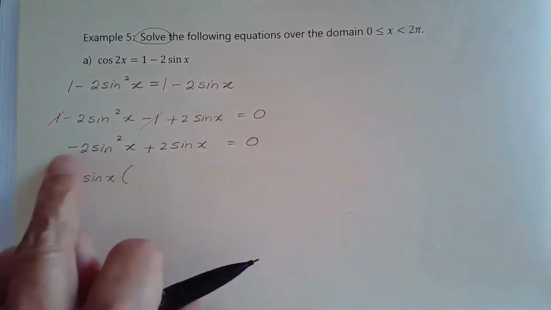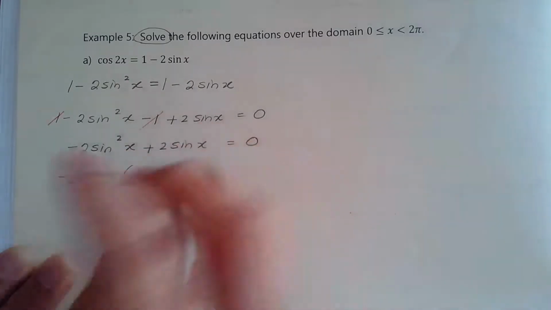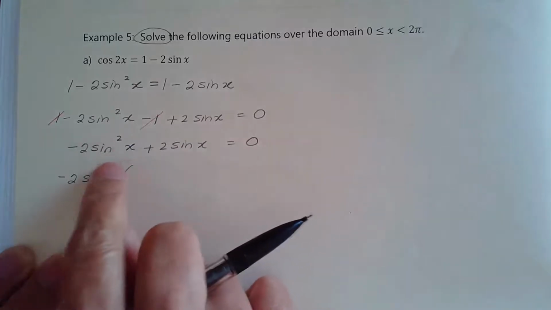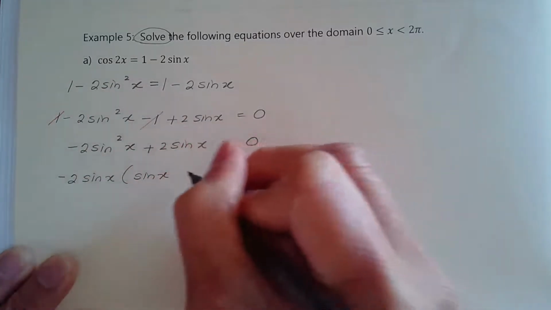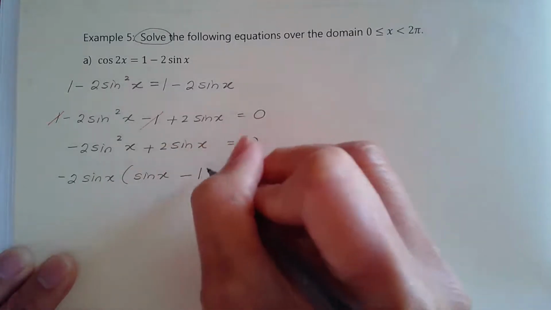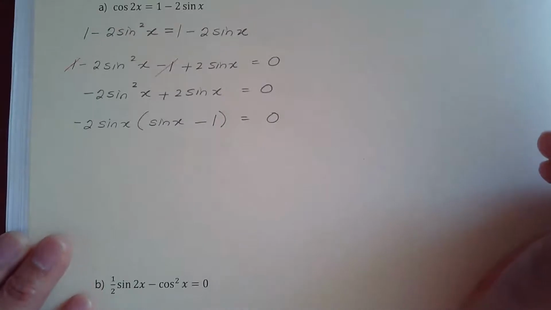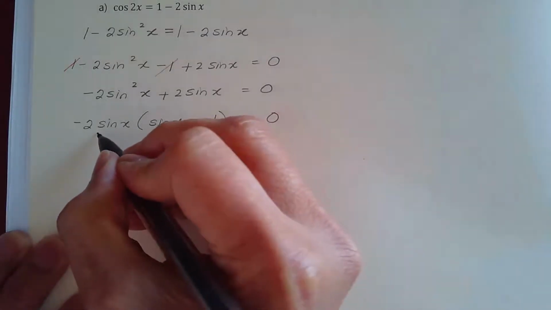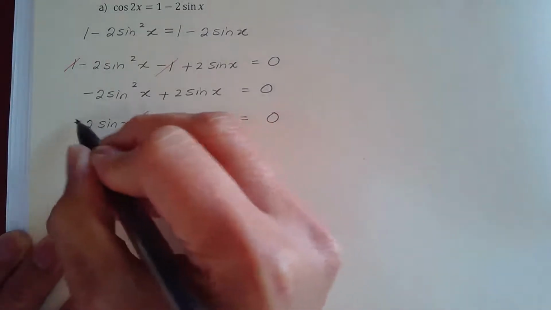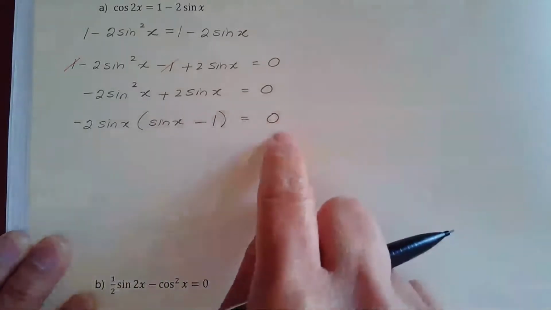If we take out the negative 2 and the sine of x, we're left with sine of x minus 1. Now we're going to use the zero product property. So that means negative 2 times sine of x times sine of x minus 1 will give us a 0.